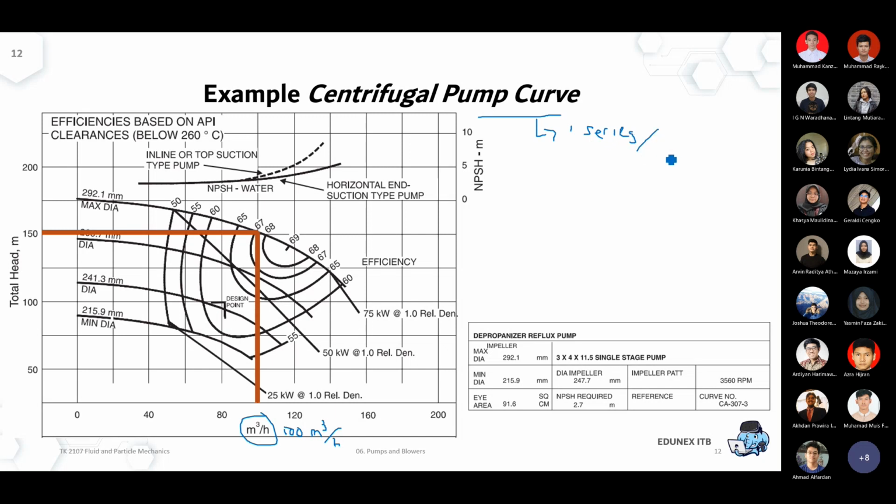When we buy another type of pump, of course the curve will not be identical to this one. So when you're working in any chemical plant and you get your pump curve or your data sheet, you have to use the information to know the predicted performance of the pump.